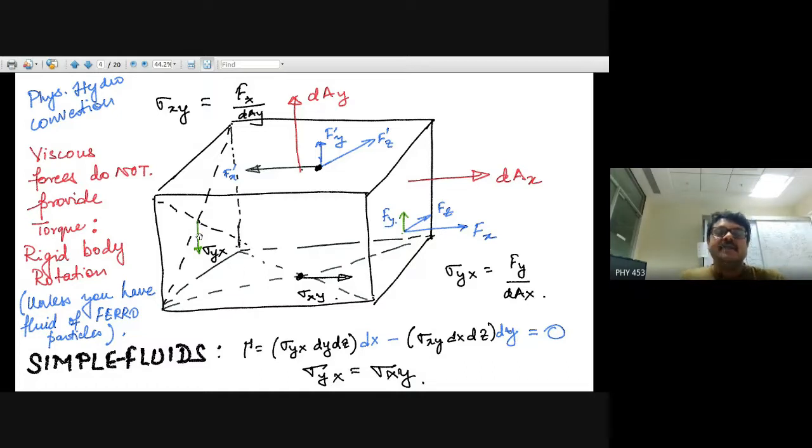And similarly, there is a force which is acting in the minus y direction, equal and opposite to this. Why? Because we are considering at the moment a fluid element which is not accelerating.